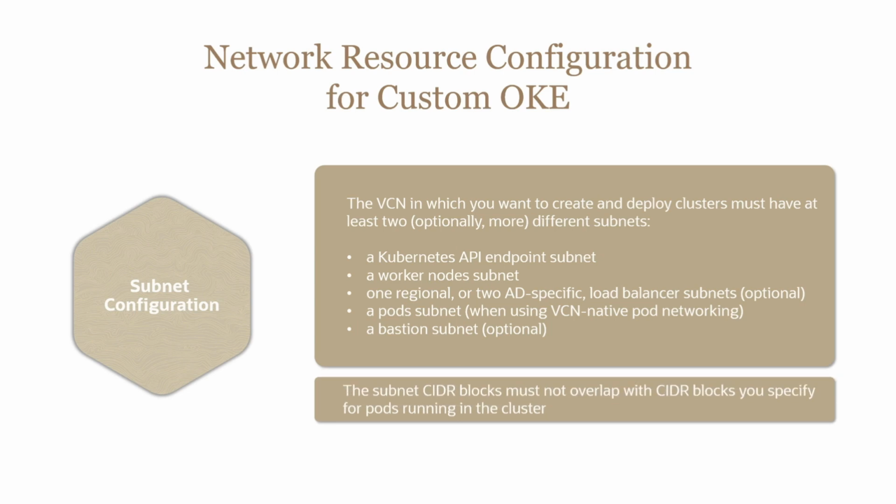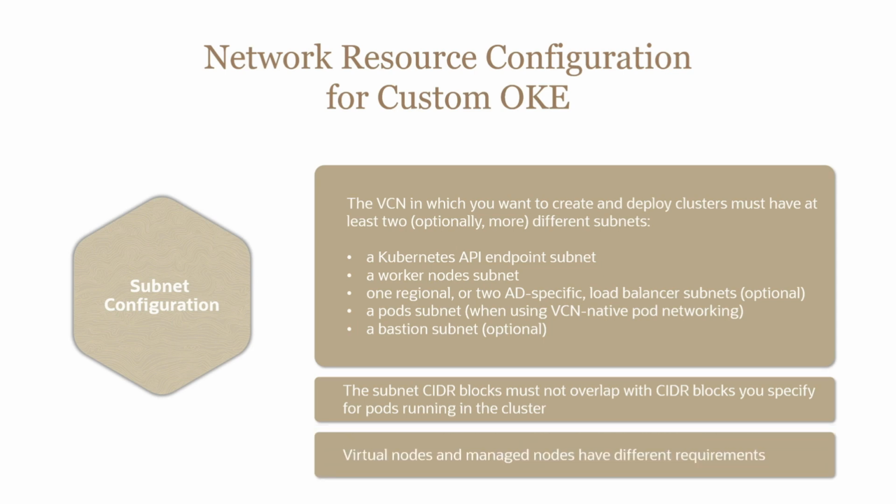Remember that your subnet CIDR blocks should not overlap with the CIDR blocks specified for pods within the cluster. Please note that configuring worker node subnets and pod subnets may vary when using virtual nodes instead of managed nodes, as each has distinct requirements for proper functioning.